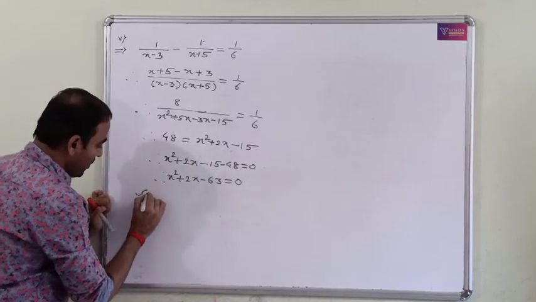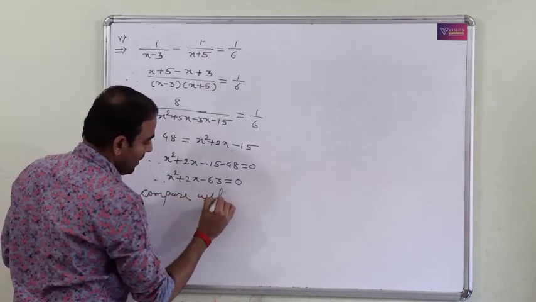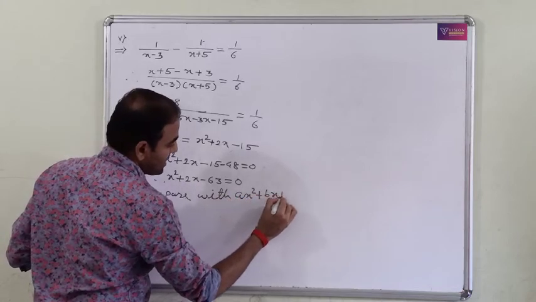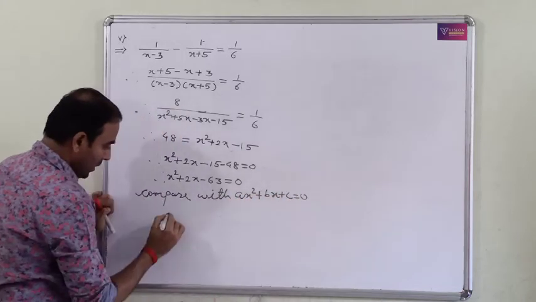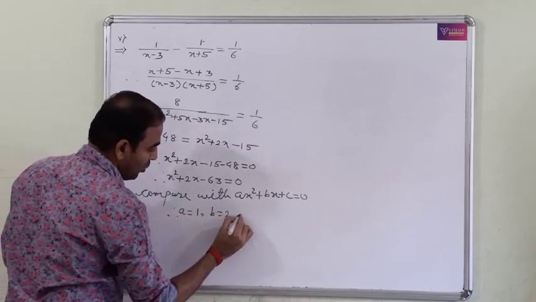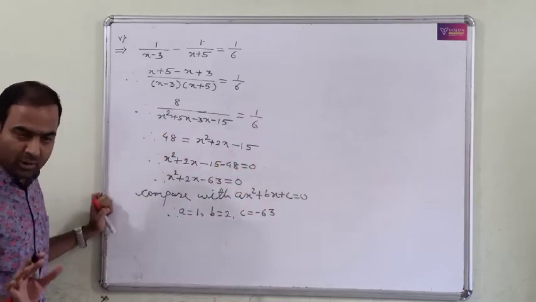If you compare with ax square plus bx plus c is equal to 0, we get the value of a as 1, b as 2 and c as minus 63. Have you got it?